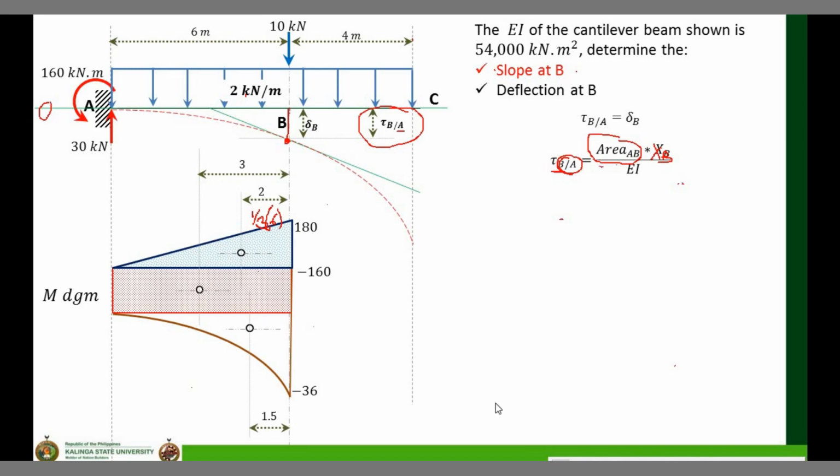The distance of the centroid of your spandrel to point B is 1.5. How did I get the centroid of my spandrel?